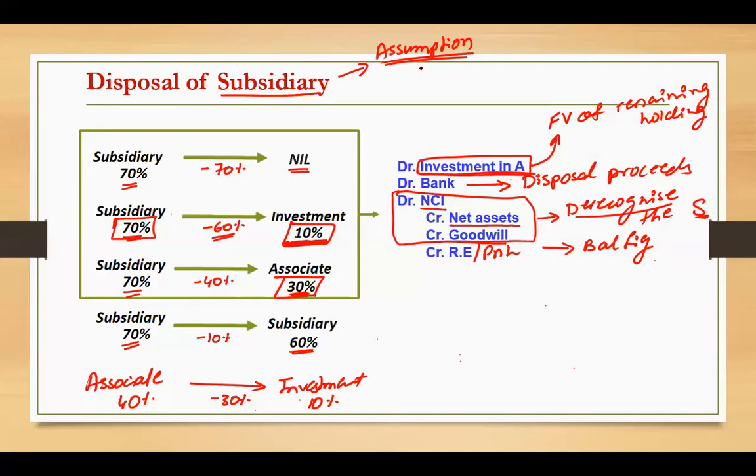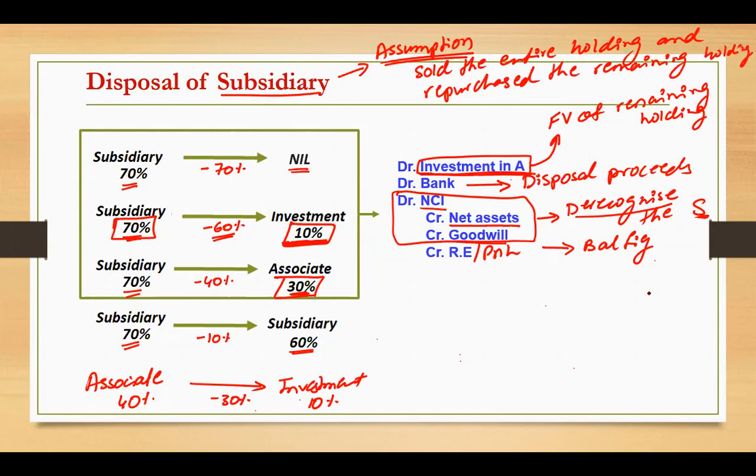So the assumption is that we have sold the entire holding and we have repurchased the remaining holding. So this is how we actually account for it.